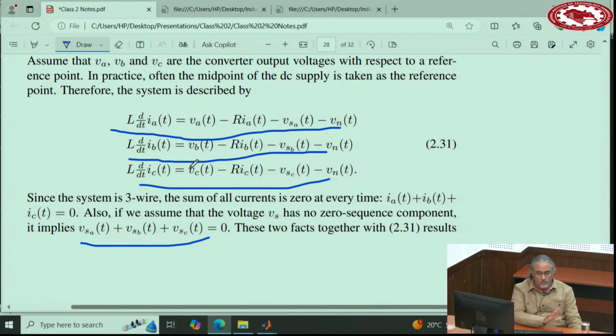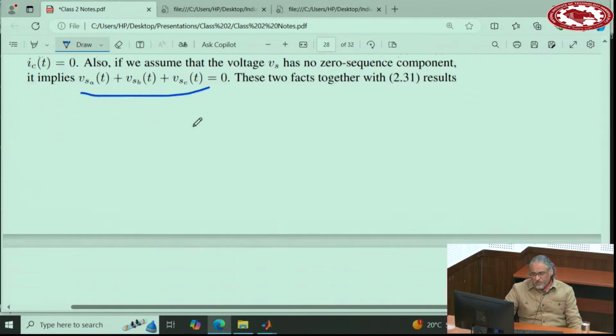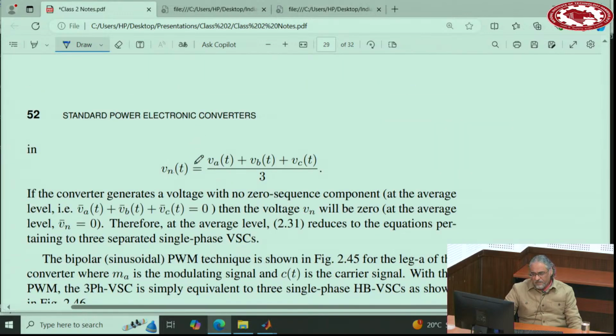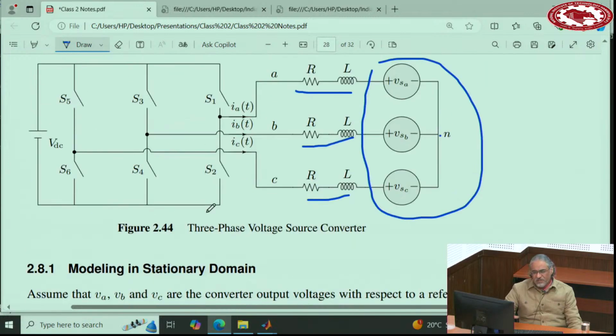You can do that in your control. If you do that, this also becomes 0. So as a result, Vn becomes VA plus VB plus VC over 3, and that becomes 0. So basically what we proved is that under these assumptions, which are reasonable assumptions, this point will have 0 potential.